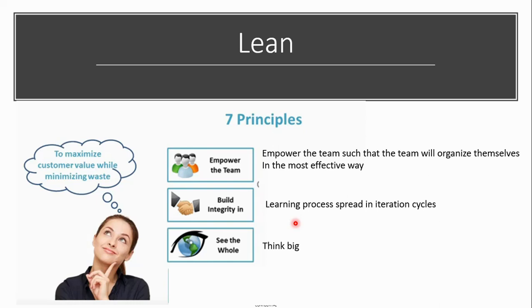Build more integrity into your team and iterative cycles, so everything is very transparent with your customer, and seek the whole. So think big, think in a holistic manner. So these are the 7 additional principles that the lean framework, based on the Agile principles, tries to concentrate on.